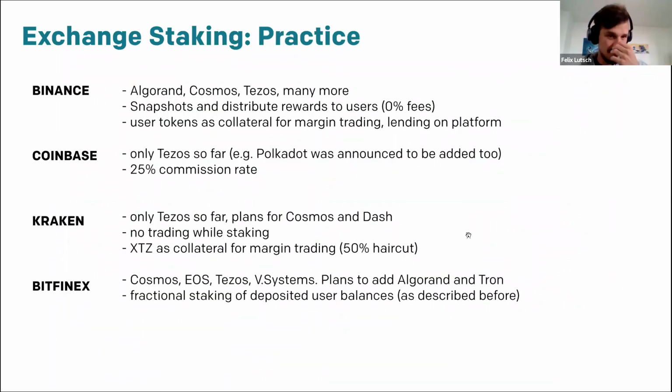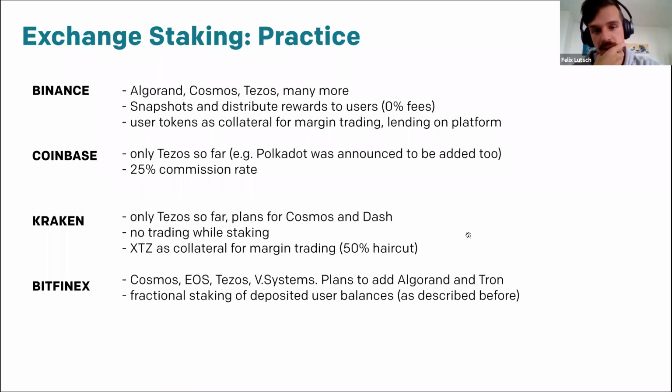And then the report also goes a bit into what is actually happening in practice. We already have multiple exchanges offering staking to their customers. So far it's not too much, but for example, Binance has a lot of validators running already.